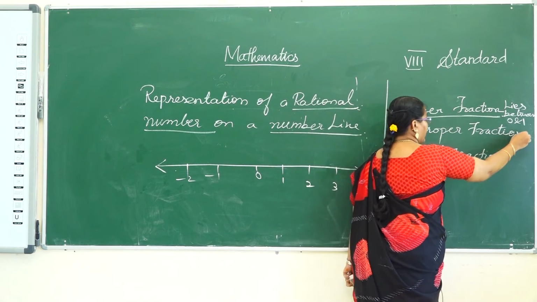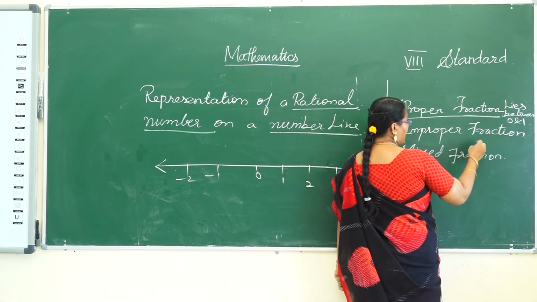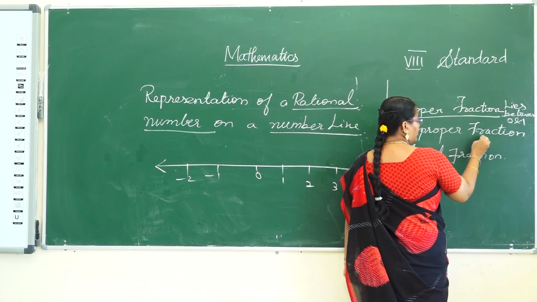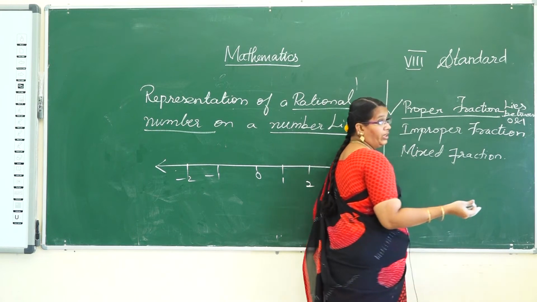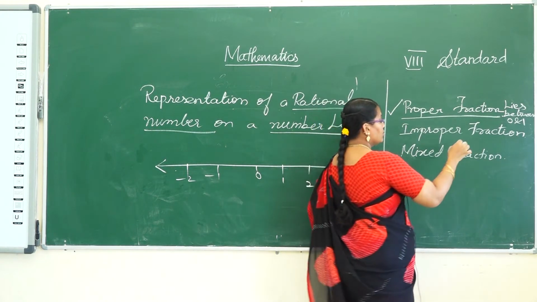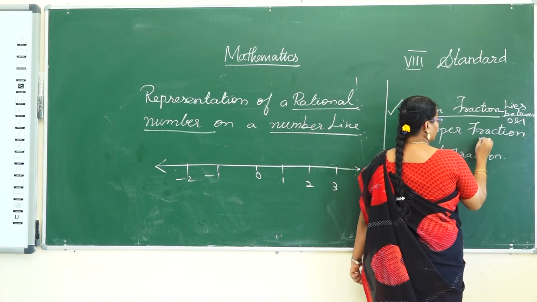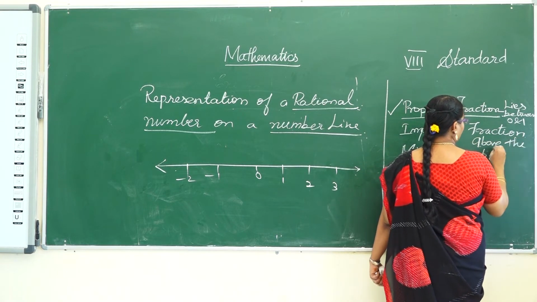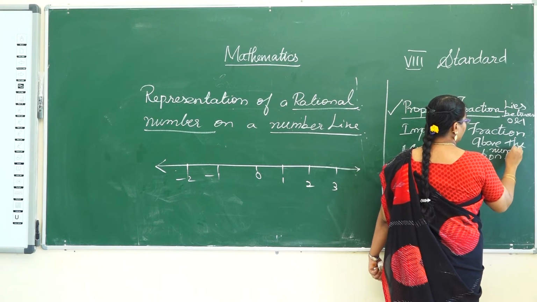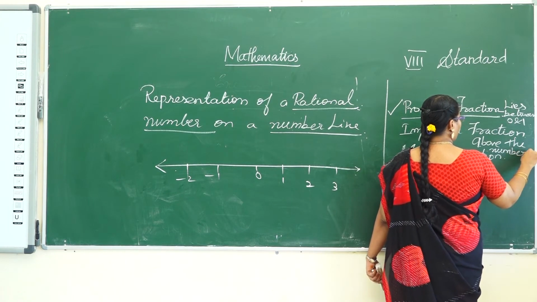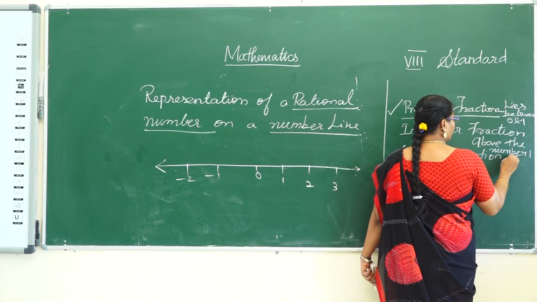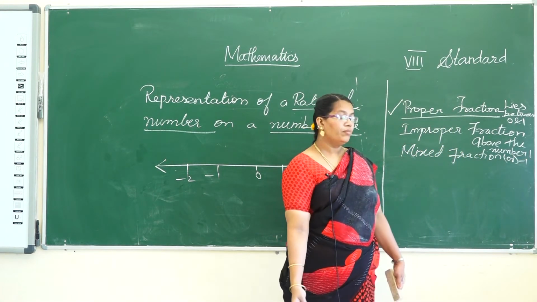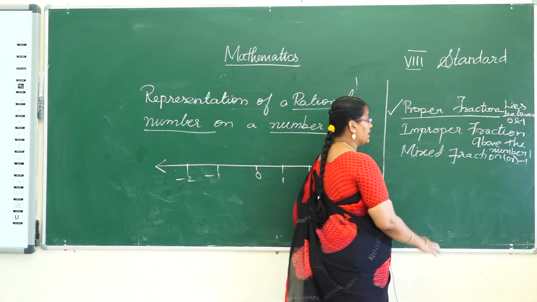The improper fraction lies above 1 and 2, or at negative values, above the number 1 or at the negative values of minus 1.